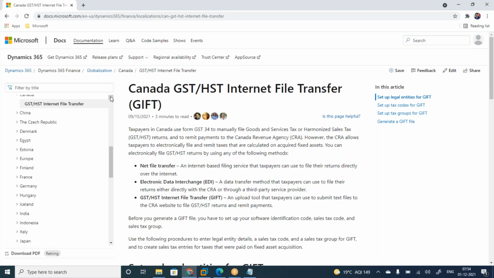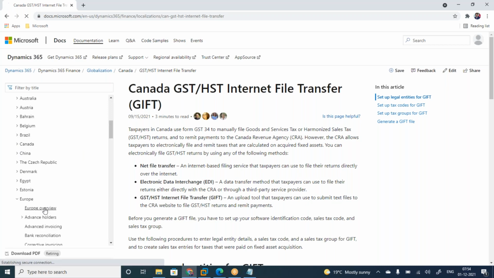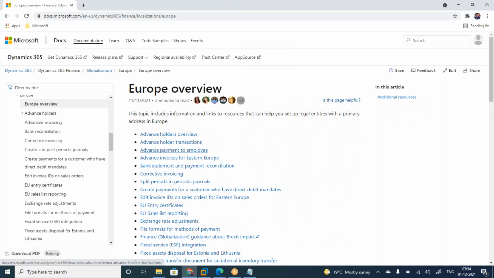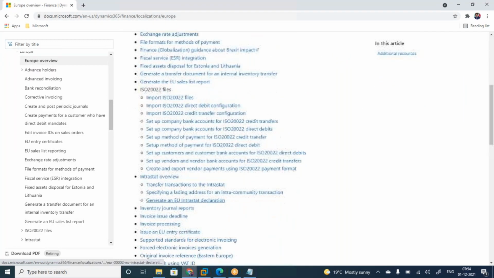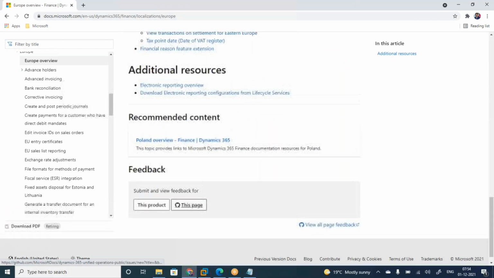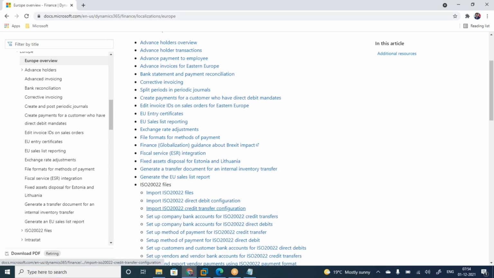You need to understand these things. If it is China, China taxation. If you are implementing in Europe, you need to understand Europe taxation. So there are so many things. Look at this one. There is so much subject related to Europe taxation.